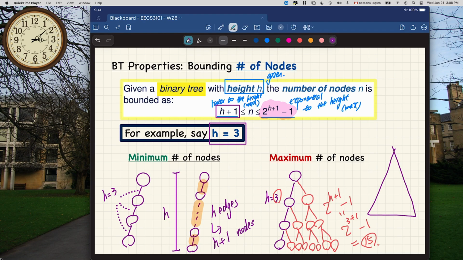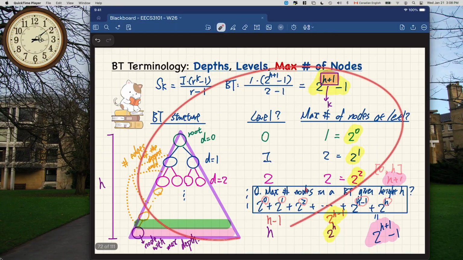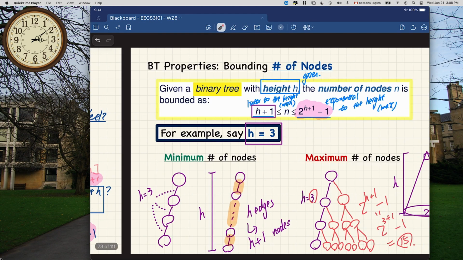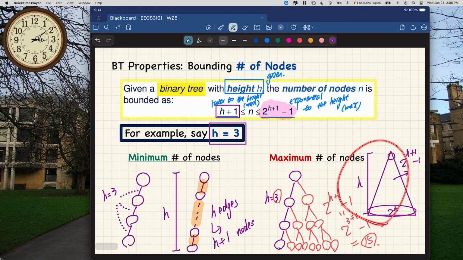If you got a tree with one node over here, and then you got exactly 2 to the h, that's basically just a diagram I drew in the previous page. If the height is h, it would just be 2 to the h plus 1 minus 1. And the derivation is right here, the whole page. I basically talked about that in the previous page already. So for the generalization, you can see the previous page.